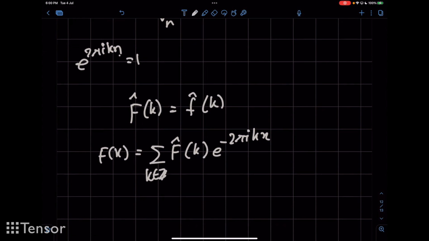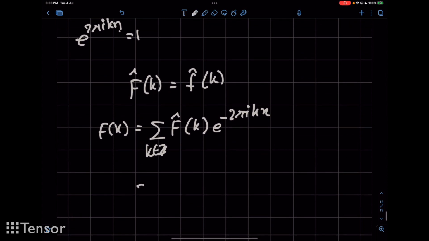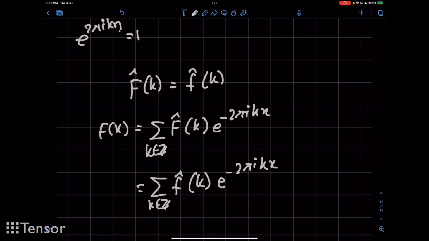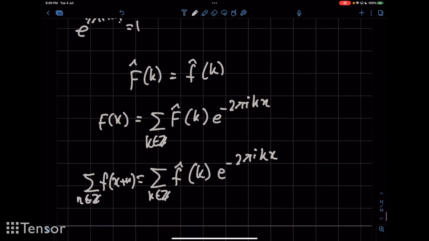The Fourier transform of capital F is the same as the Fourier transform of small f. Therefore, this is nothing but the sum of f hat of k e to the negative 2 pi i kx as k runs in the set of integers. And let us write the definition of capital F here. The definition of capital F is the sum of f of x plus n, where n runs in the set of integers.